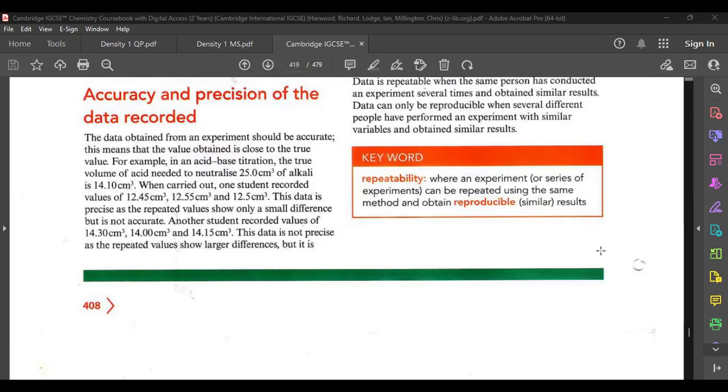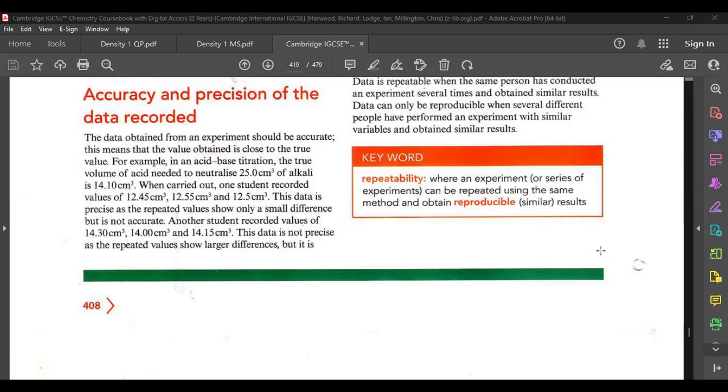We repeated this experiment multiple times, but there is a very small difference in the answers. Is it? Yes. But we cannot say that these are accurate values.